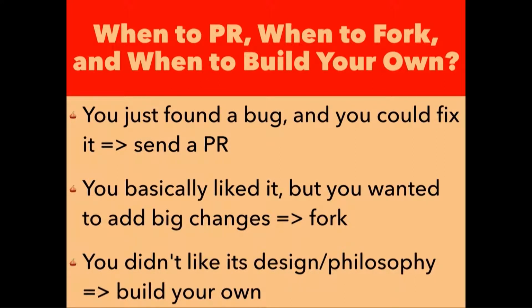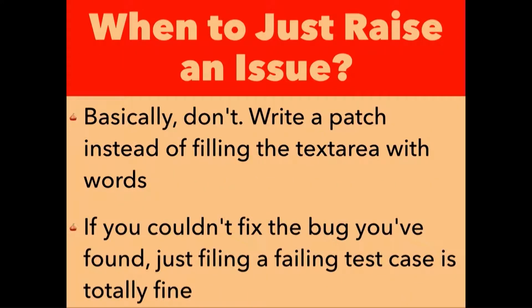And if you didn't like its design or philosophy, and you need to recreate everything, you'd better start creating your own. And when to just file an issue on GitHub? Basically, please don't. Please write some code instead of filling in a text area, all right?